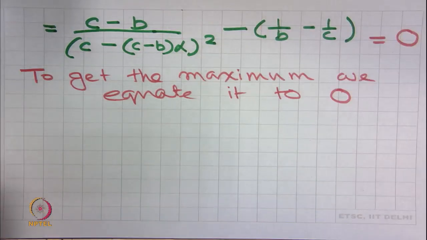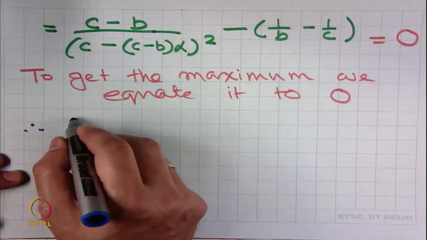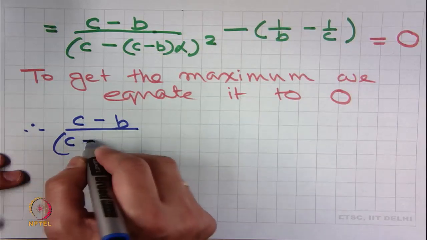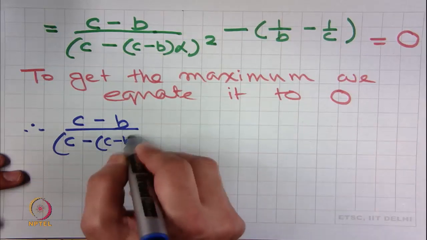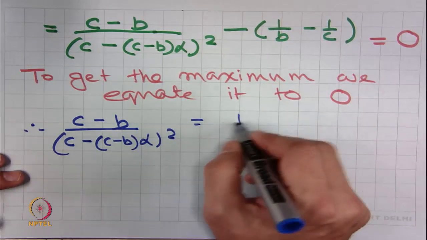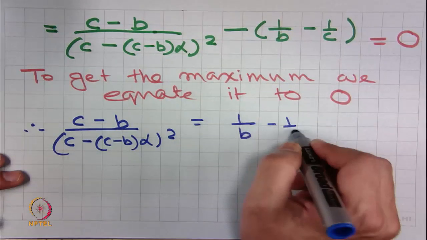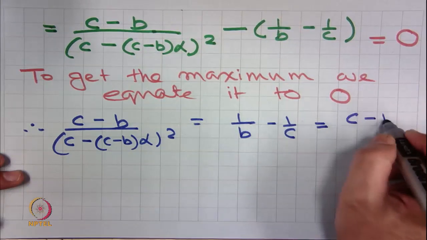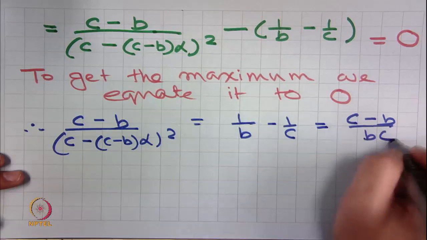Therefore, what we get is (c − bα) upon (c − bα)² is equal to 1/b − 1/c, which is equal to (c − b) upon bc.